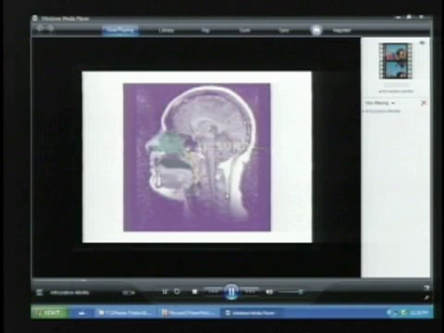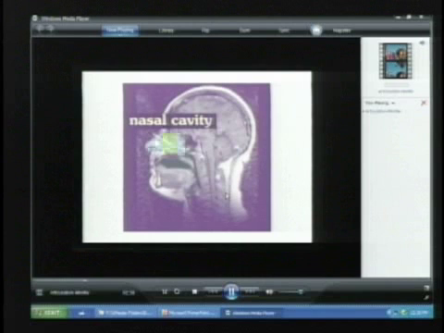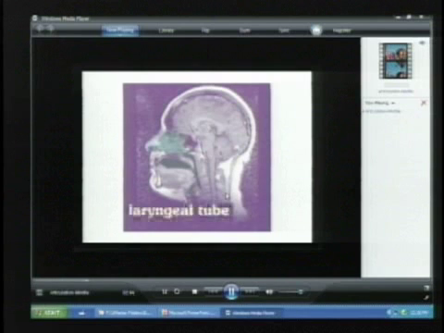And then we have the nasal cavity itself, where nasal consonants and nasal vowels resonate. Finally, we see the laryngeal tube, the small area between the vocal folds and the pharynx. We should think of these areas as one unit, one hollow tube.